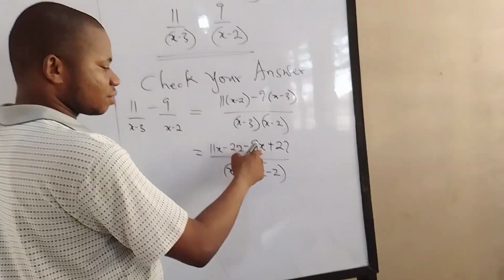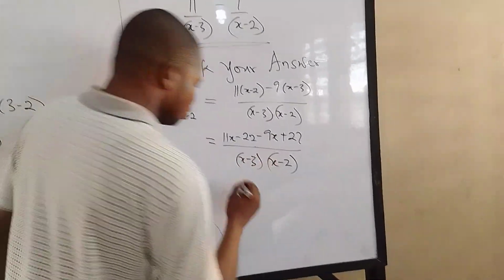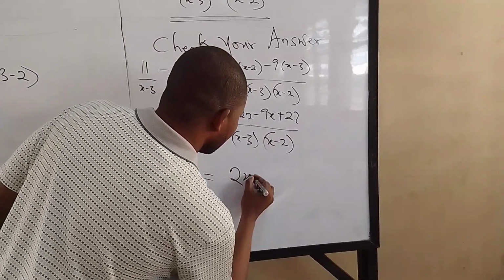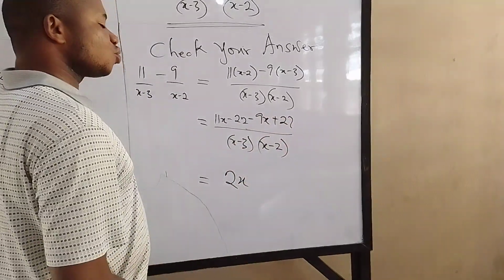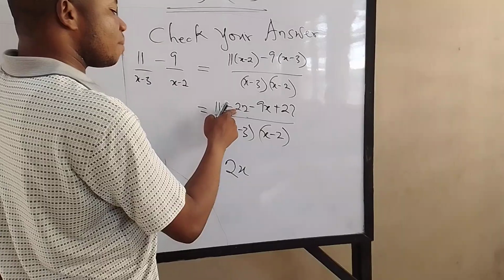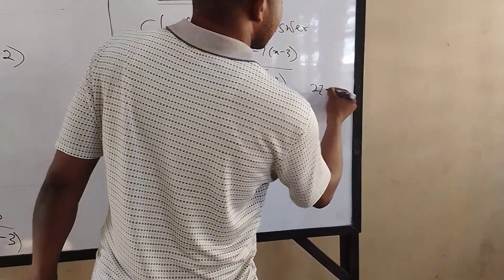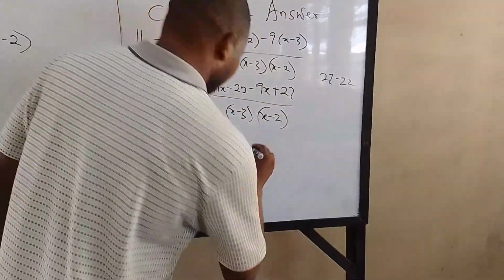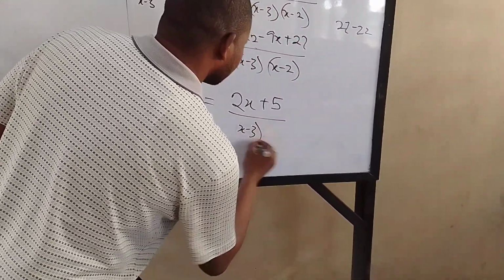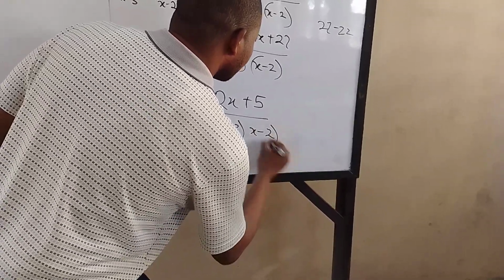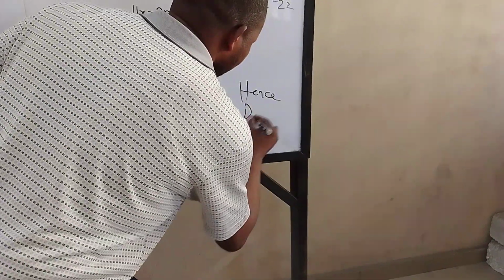What will it give us? That is 2x. Then we have minus 22 plus 27, same thing as saying 27 minus 22. What is that? 5. So we have 5 all over x minus 3 into x minus 2. Hence proved. It is correct. Hence what? Proved.